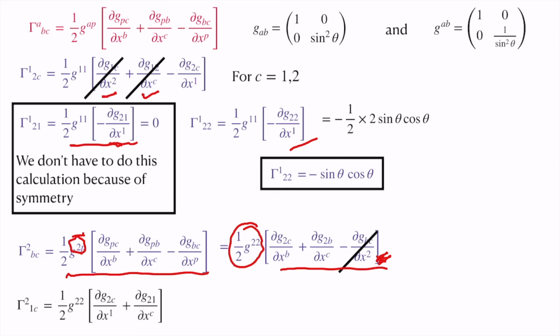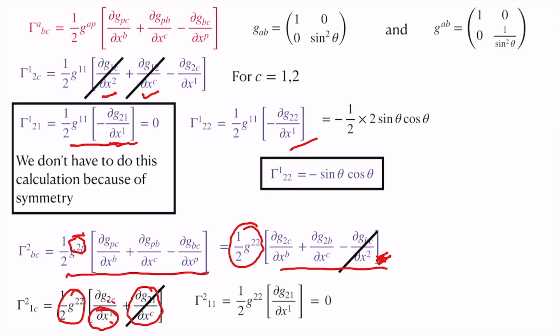First we calculate gamma 2 1 c, which takes the form G22 inverse, differentiation of G2c with respect to x1 and differentiation of G21 with respect to xc. So this is going to be 0 because we don't have a cross term. Then we can explicitly put c to 1, and what we are left with is gamma 2 1 1, and that turns out to be 0 because this cross term comes in here.